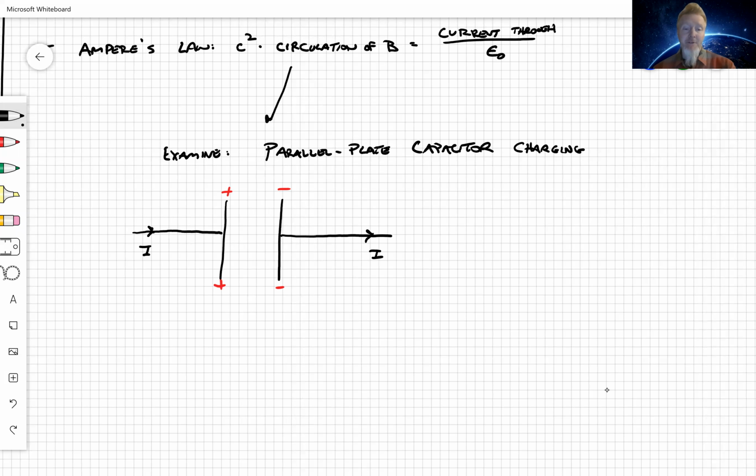But it's in the middle of charging, so it has not finished yet. We are slowly putting more charge onto these plates. So that means that if I looked at the electric field, it would be some value pointed this way between the plates.